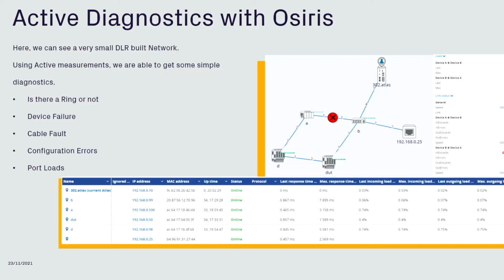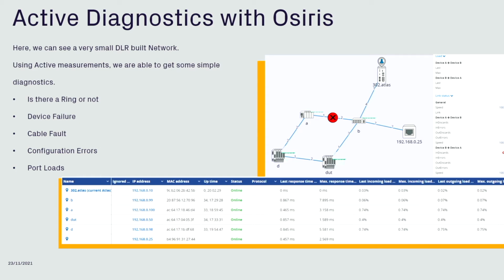Yes. So what can you get from the Osiris during active diagnostics? Well, all the information the switches can provide you. That can be the port loads, and that's very important. In industrial Ethernet, you get a lot of information over different ports, and if you have too much information, that would jeopardize the accuracy in your communication.